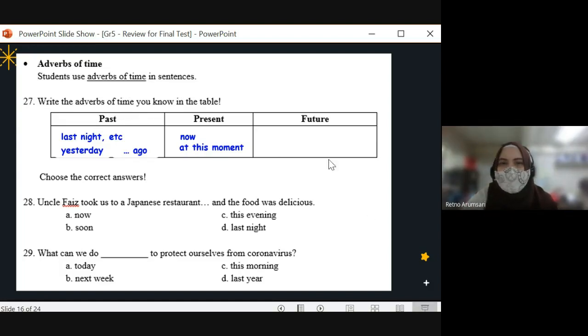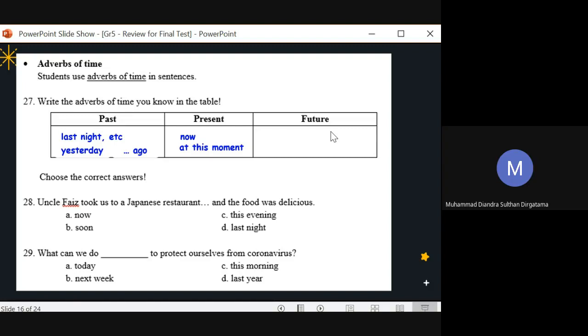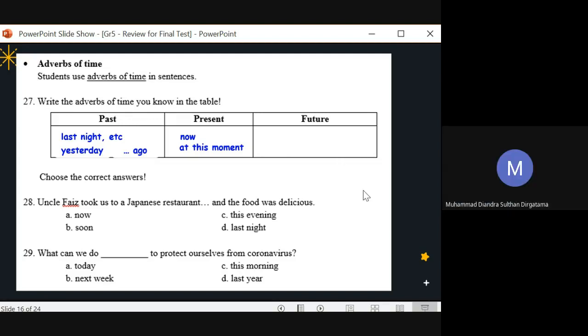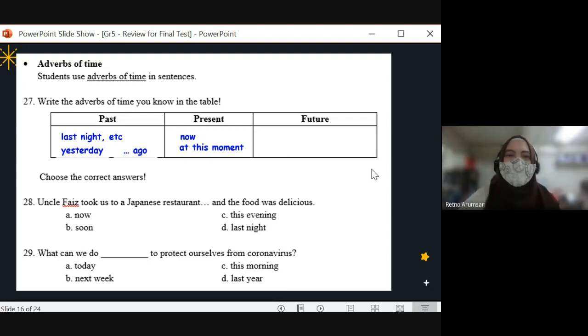Next, Diandra. What adverbs of time do you know for the future? Tomorrow. Tomorrow. What else? Next week. Next week. Yes. Well done. What else? Something that Rafa mentioned earlier.